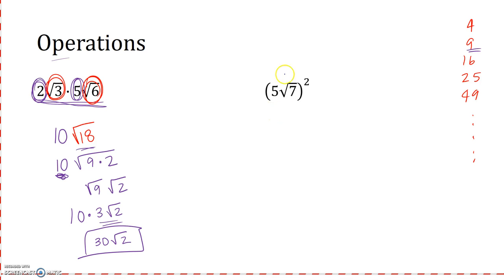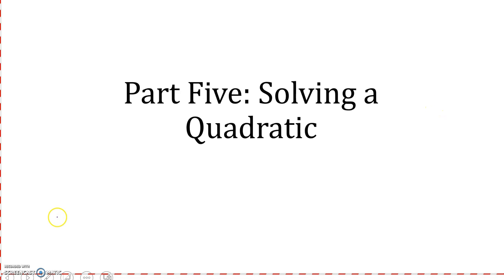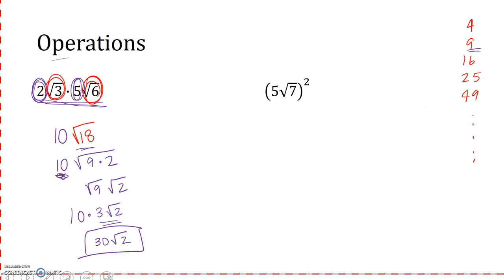And then for this one, since there's no adding or subtracting here, we basically just square each individual part. If there was some adding or subtracting in the situation, the problem would become a lot more complicated. But here, all we have to do is square the 5 and square the radical 7. Well, 5 squared is 25. That's fairly simple.